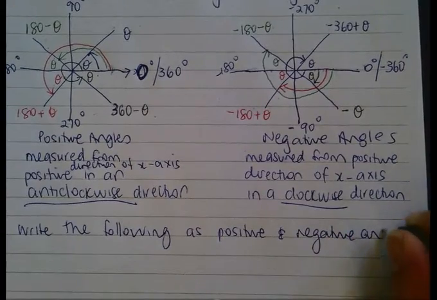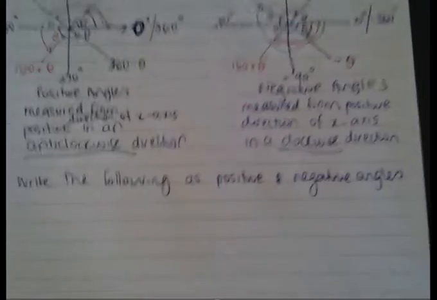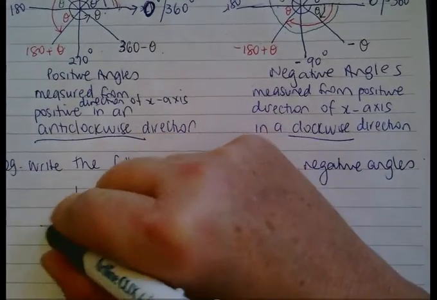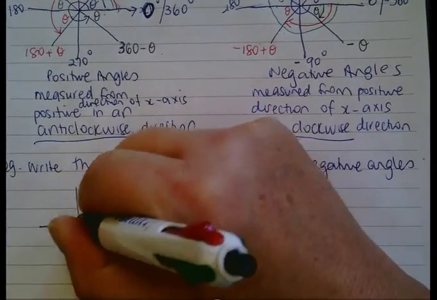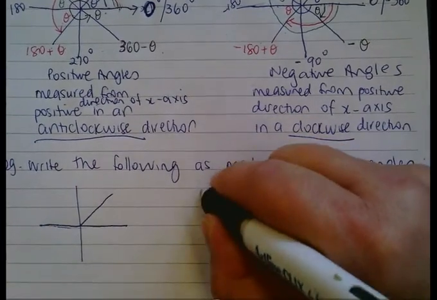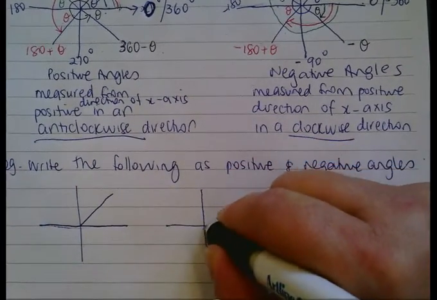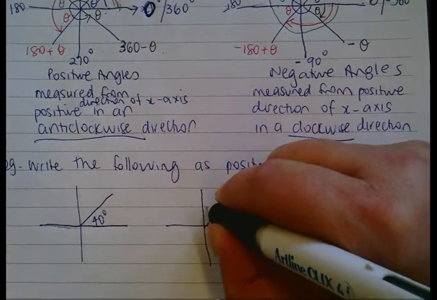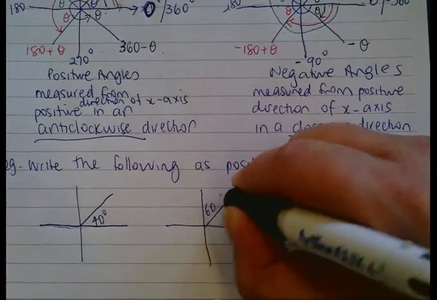So now what we're going to do, we're going to write the following angles in both positive and negative. So I'm going to give you this one, and I'm going to give you this. I know it's not to scale.